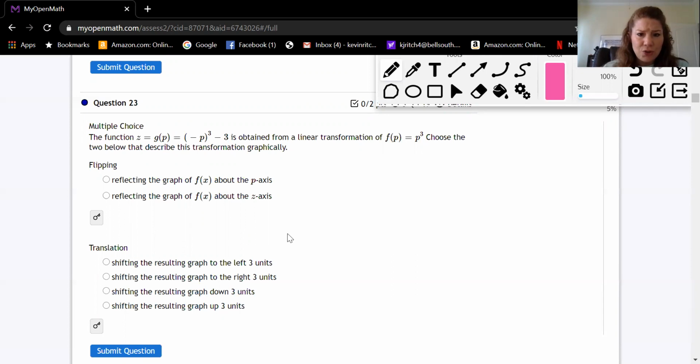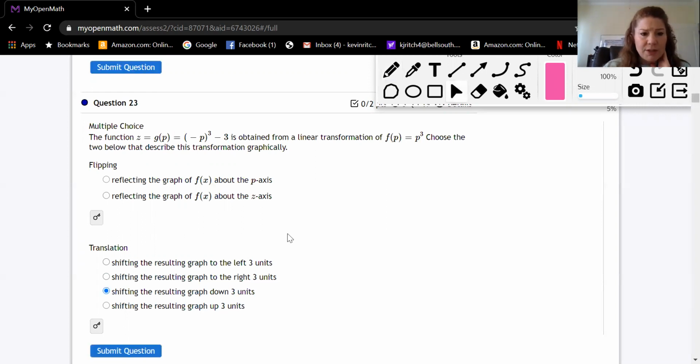Choose the two below that describe this transformation graphically. So let's see. We were at just p cubed, and now they made it negative p cubed and then minus 3. So I know that the minus 3 at the end shifts the graph down 3 units. So which one says down 3 units? Here we go, right there.